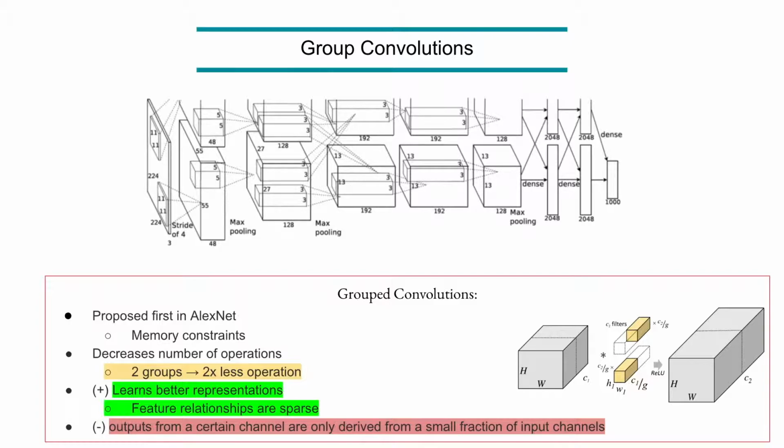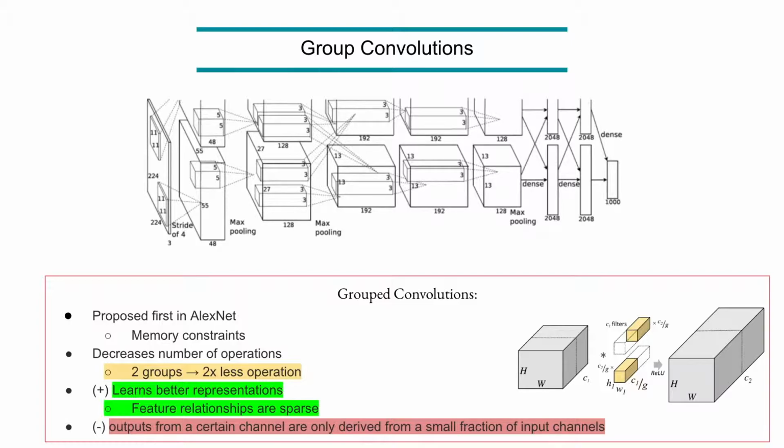So by grouping the convolution, for example, if you have 2 groups, you basically decrease the number of operations 2 times. As you may remember, in depth-wise convolution, since we separated each channel into separate tensors, we decreased the number of operations a lot.